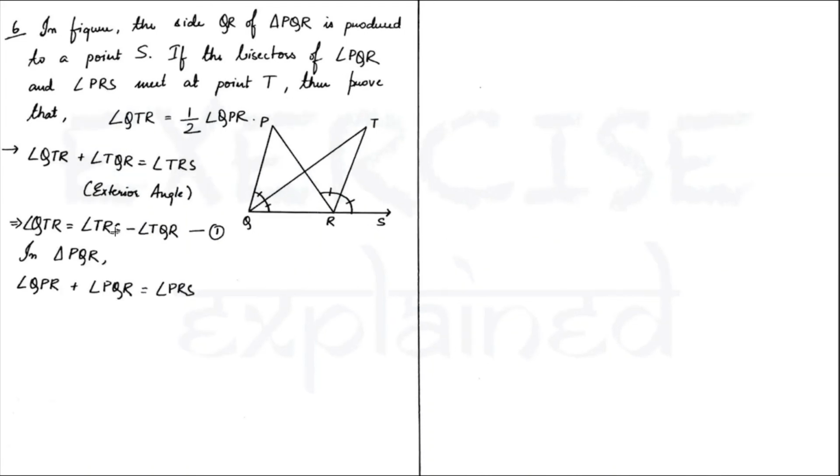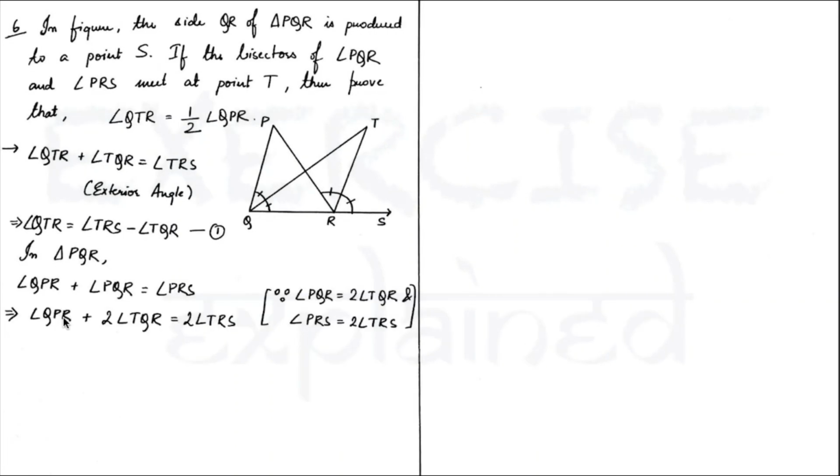Now we get into the next triangle, that is our PQR triangle. So in PQR we can use the same thing, that is, QPR plus PQR gives us PRS. Now PQR can be written as 2 angle TQR.